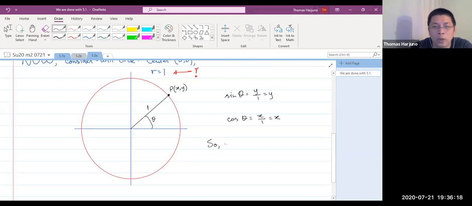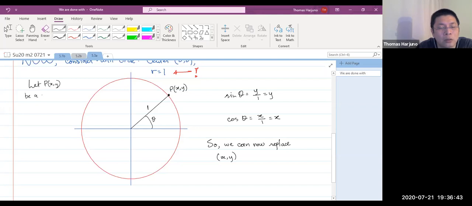So we can now replace x, y, which is a coordinate on the circle, right? Let me write it down. Let P(x, y) be a coordinate.